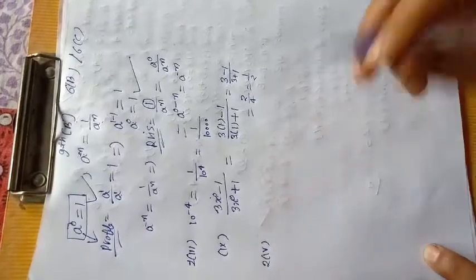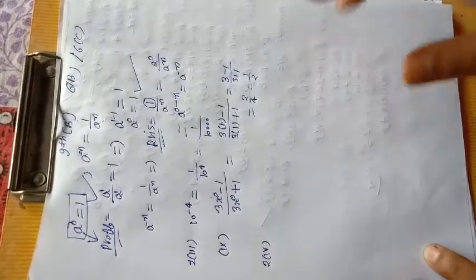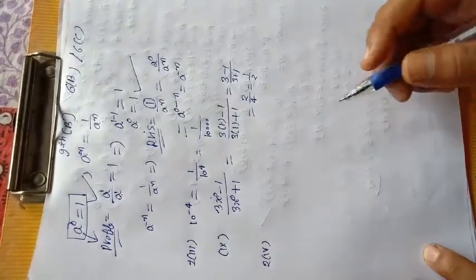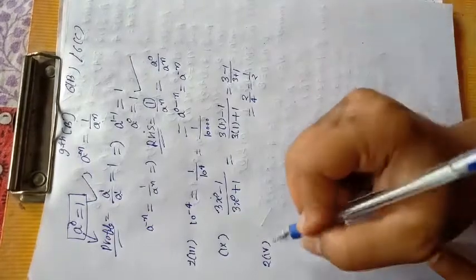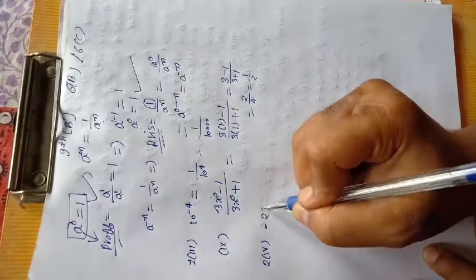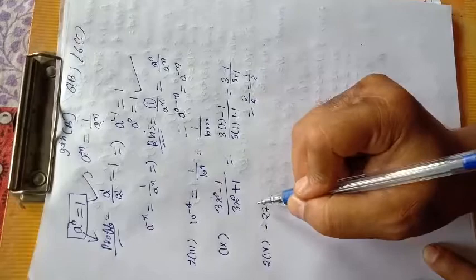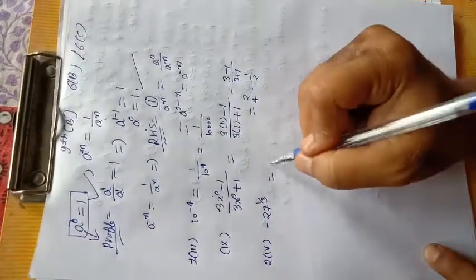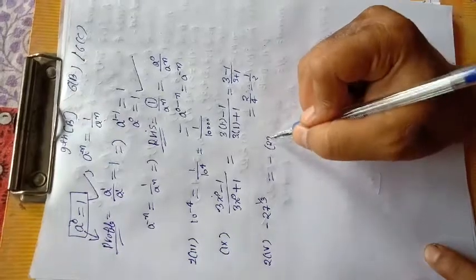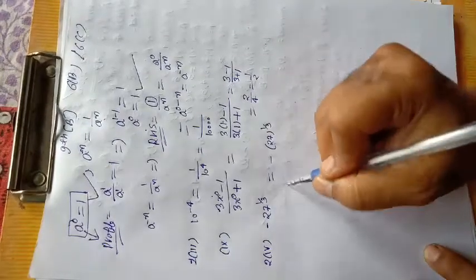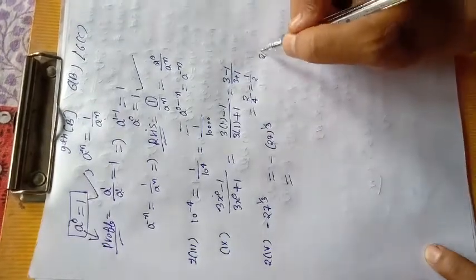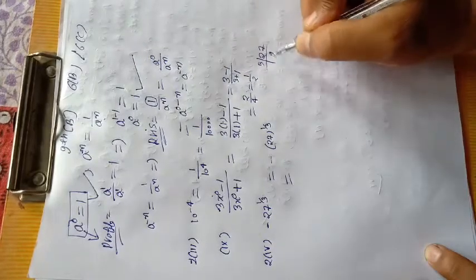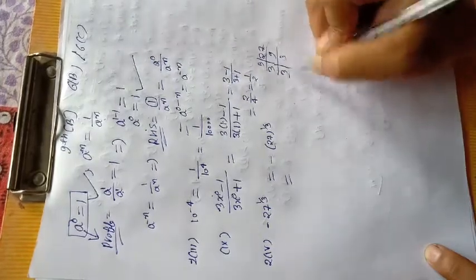Okay, now next question number 2, 4th part. It is too easy. You have solved this type of question in previous classes. Find the value of minus 27 to the power 1 upon 3. So minus outside, 27 to the power 1 upon 3, and by the prime factorization method, 27 equals 3 times 9, 3 times 3.